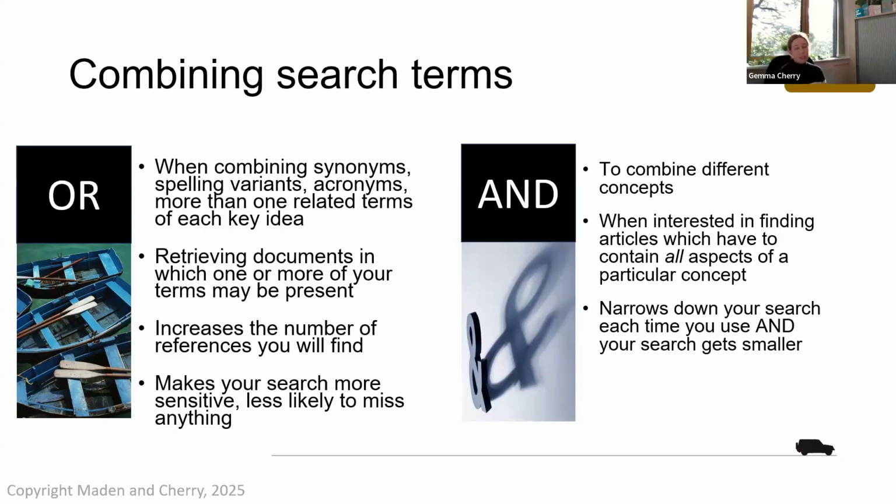So it increases the number of references you find, and it makes your search more sensitive. AND does the opposite. AND says, please find records that contain the words older adult and music and depression. So it narrows down your search each time you use it and makes it smaller.